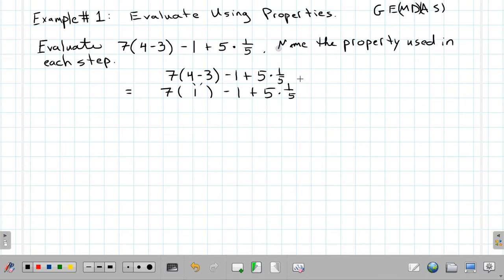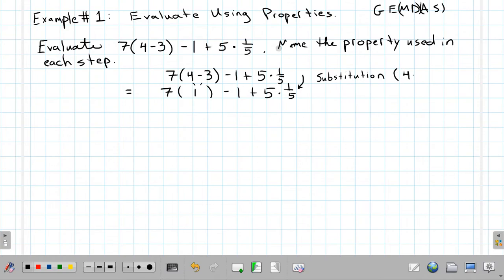But here's where we've got to pay attention. I suggest if you ever have a question like this, you do it at each step. From here to here, what property did we use? We went 4 minus 3 is equal to 1. We don't have a property that tells us a number minus another number is equal to 1. So this is actually an example of the substitution property.